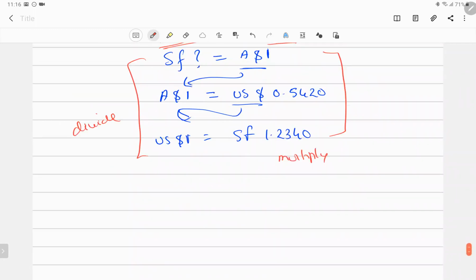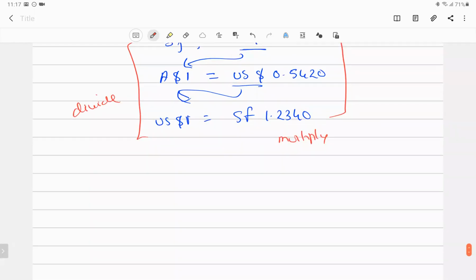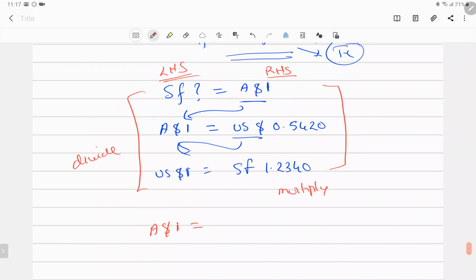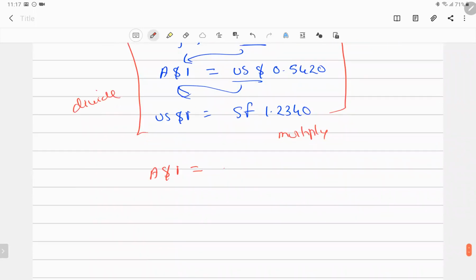So what you'll be getting is, here you will be multiplying, right? We require 1 Australian dollar equal to, in Swiss franc, so write SF. Then you multiply these two values, 0.5420 into 1.2340.